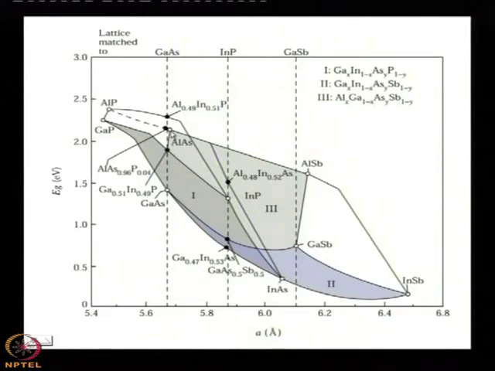That means you can grow any composition of aluminum gallium arsenide on a gallium arsenide substrate, right? Agreed? Since the lattice constants are the same, you can grow any composition on a gallium arsenide substrate, because an aluminum arsenide substrate is not available.